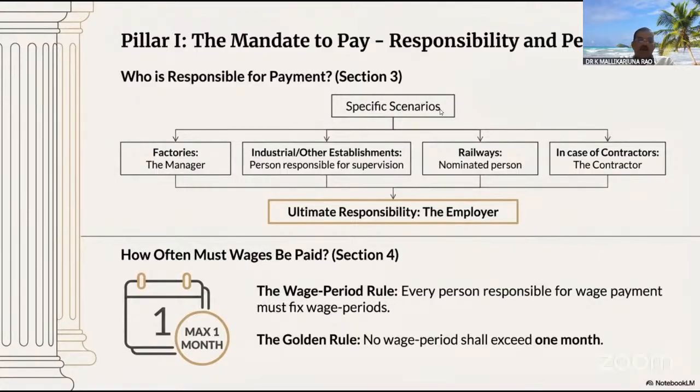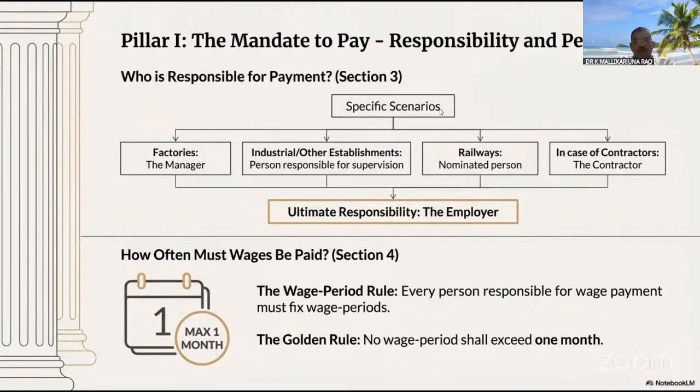Here, how often must wages be paid? As per Section 4 of the Act, the wage period, every person responsible for payment of wages must fix the period. It may be 1 week or 1 month. The golden rule is that no wage period shall exceed 1 month. We can't pay 3 months at a time.